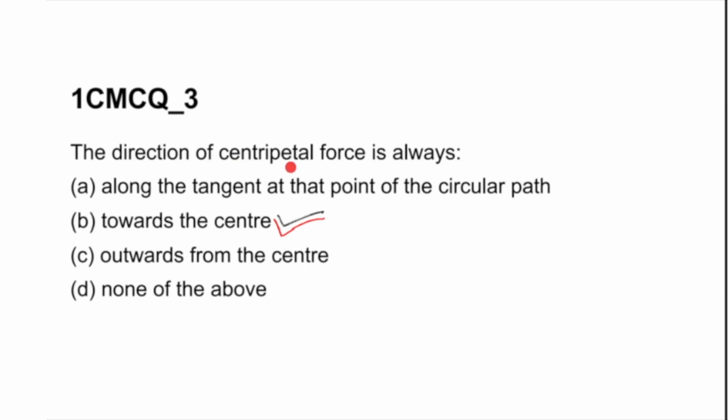The direction of the centripetal force is always towards the center. The word centripetal itself means towards the center, or center seeking. So in case we have, let's say, a string and a stone, we have tied it here and it is going around like this.